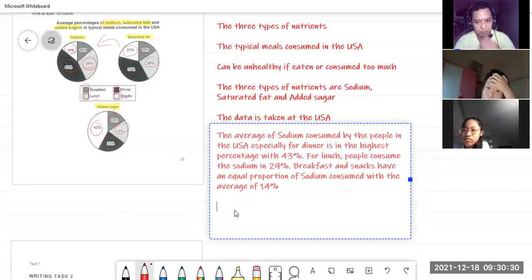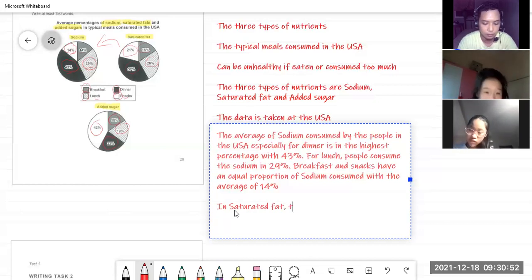Okay. What happened with the average of saturated fat? In the saturated fat, the dinner has the highest weightage, 37%.